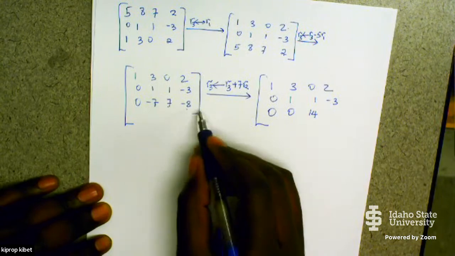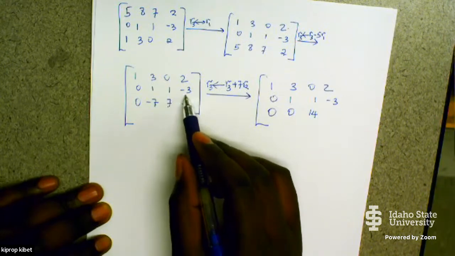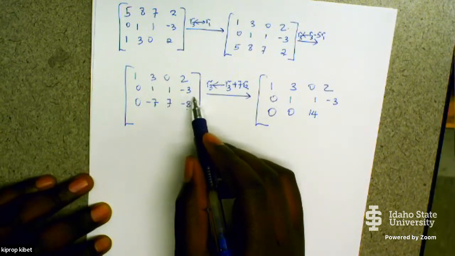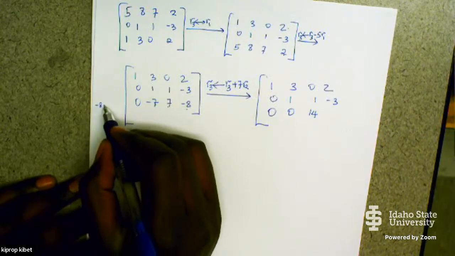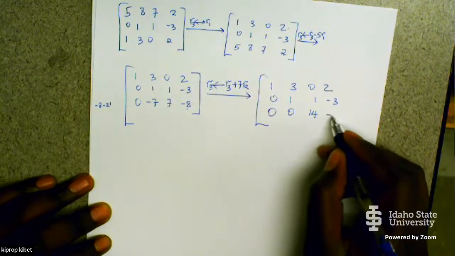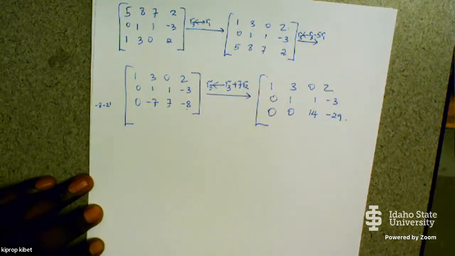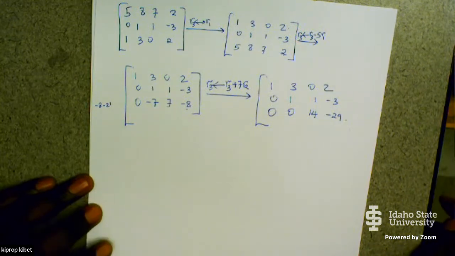Minus 8, minus 21. So minus 8 minus 21 is what? Minus 29. So I was doing my own things, right?